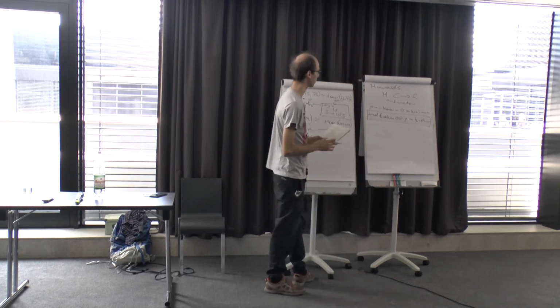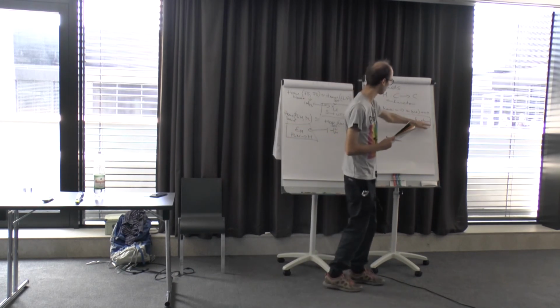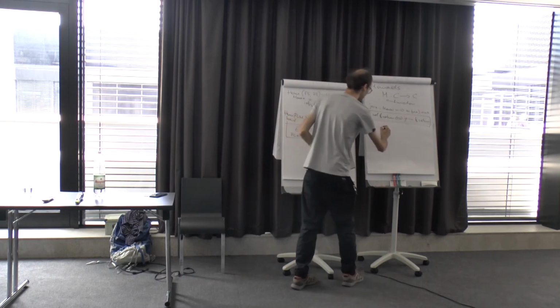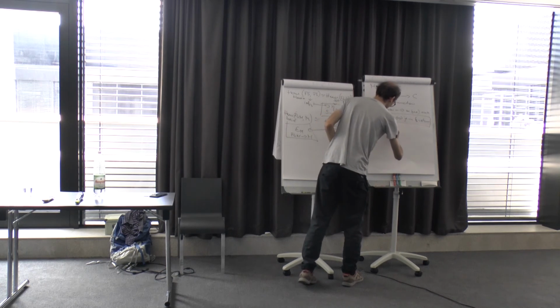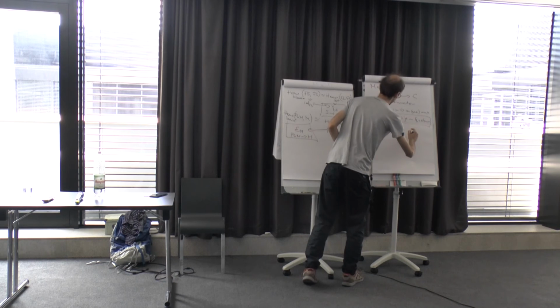So a monad comes with this join and return, where return is a natural transformation from the identity functor to M. This is return.